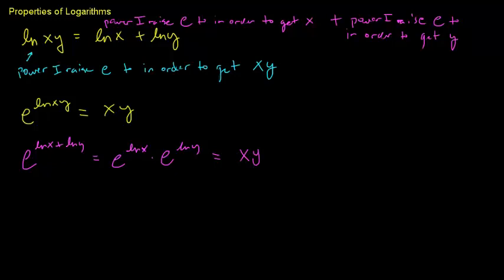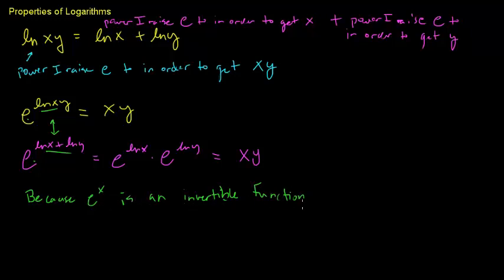Are we done? Almost. What we've shown is that e raised to natural log of x times y is equal to e raised to natural log of x plus natural log of y. But we have to show that these powers are the same. And here we'll use a really useful result. Because e to the x is an invertible function, it is a function with an inverse.